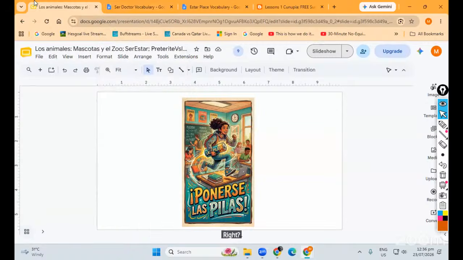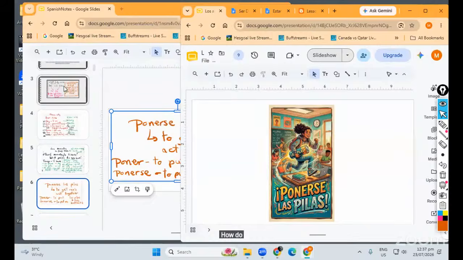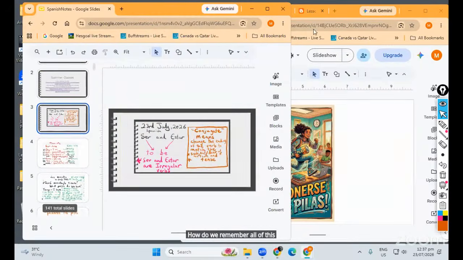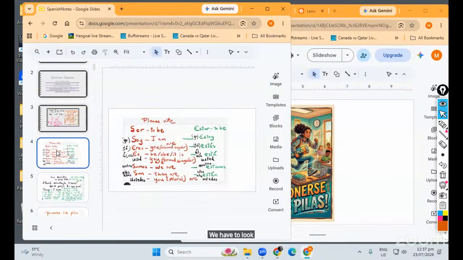Now, somebody had asked earlier, how do we remember all of this? What we're going to do? We have to look at it and memorize it. So that could mean reading it over. How did you learn vocabulary and spelling when you were smaller and those were things you had to do? You saw the word, you looked at the word, you said the word out loud, you spelled the word, you wrote it down.